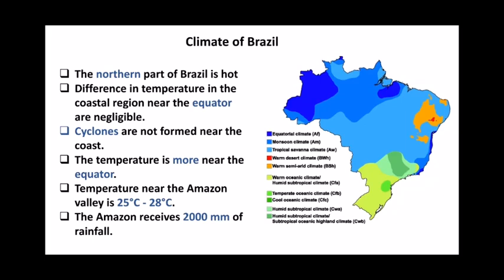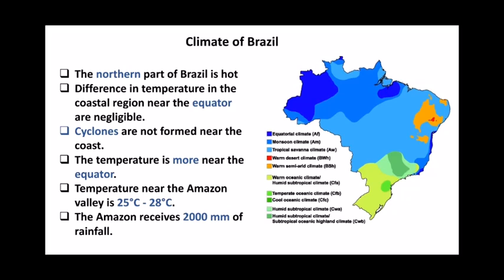Most of this country lies in the tropical zone. The equator passes through the northern part of the country. Children, I hope you all know the map by heart. The temperature is higher in this region, obviously because the equator passes through that place. The average temperature in the Amazon Valley is 25 to 28 degrees Celsius.